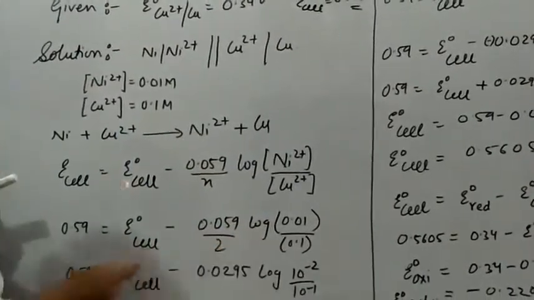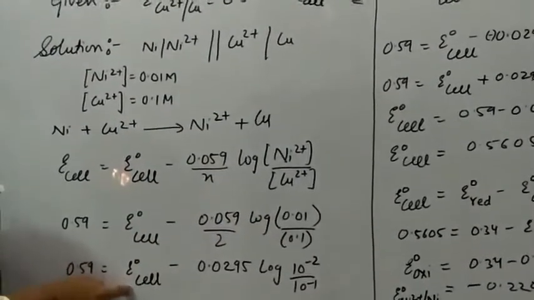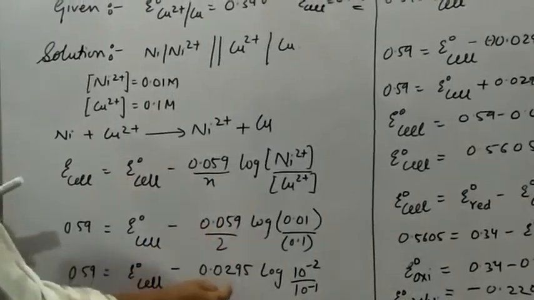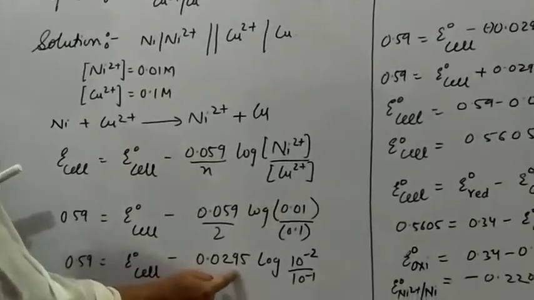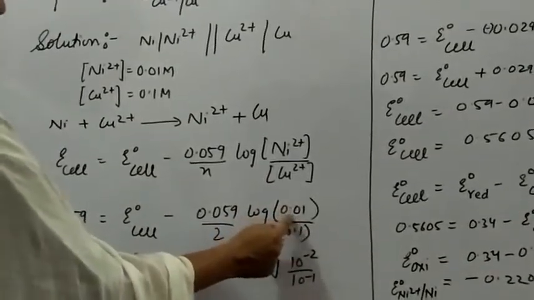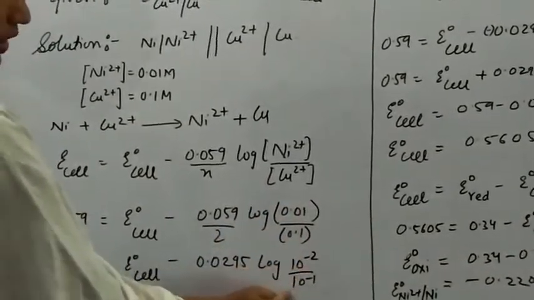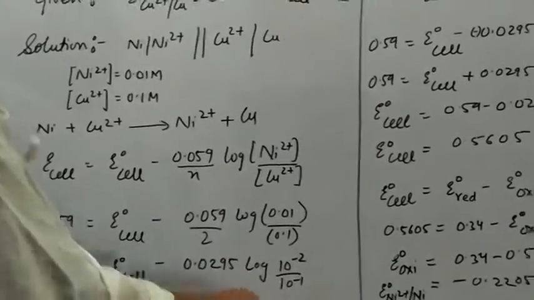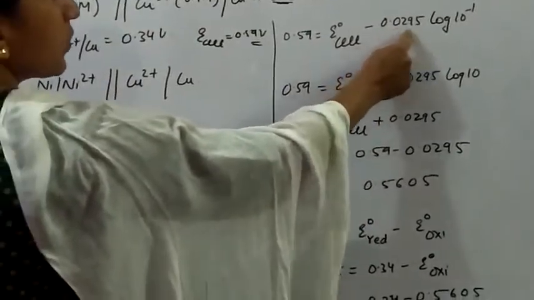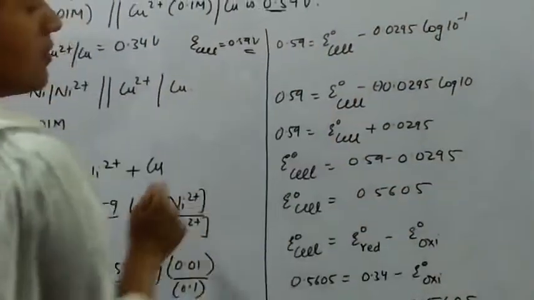We have written that here. So 0.59 equals E naught cell minus, on dividing 0.059 by 2, we get 0.0295, log. We write it in exponential form, 10 raised to power minus 2 upon 10 raised to power minus 1. So 0.59 equals E naught cell minus 0.0295 log 10 raised to power minus 1.